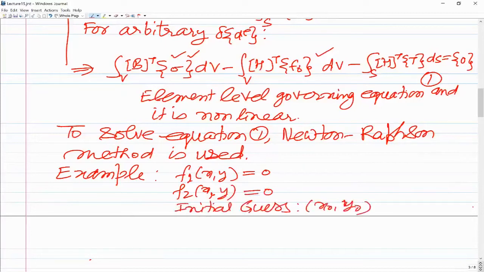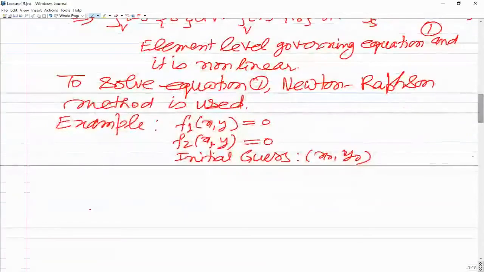As this is an iterative method, we will perform a number of iterations. So let us say we want to do the ith iteration. For that, how do we write these equations?